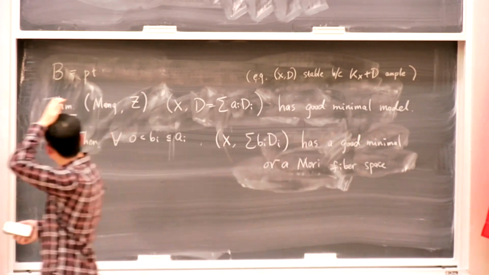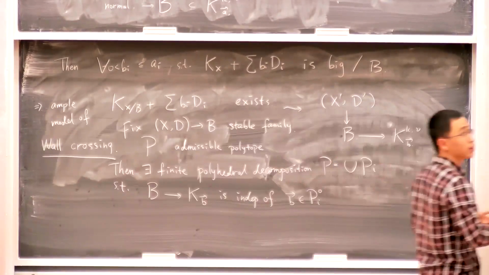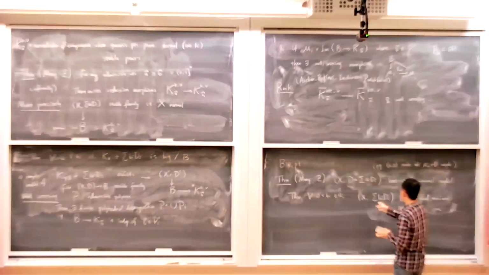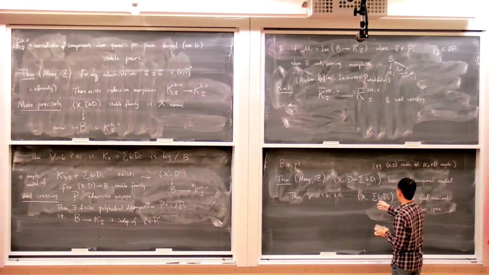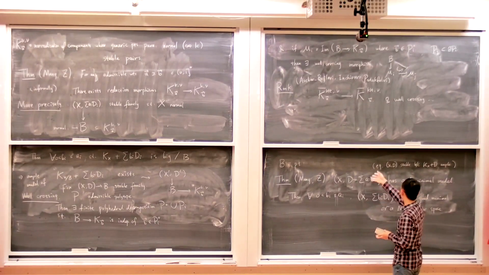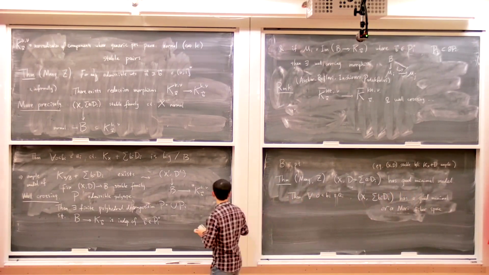Okay, so why is this plausible? By the way, one small issue which is not so important is that once you drop the coefficient, it might happen that K_X plus the boundary is not necessarily Q-Cartier, or you can always do a DLT modification to fix that, to make it Q-Cartier.